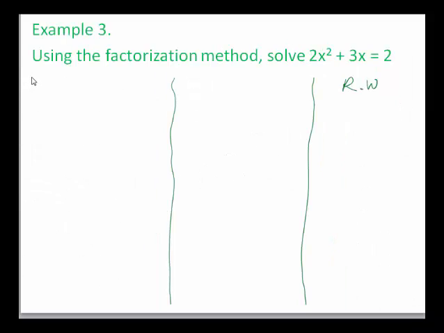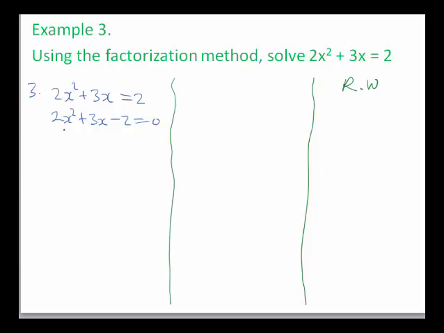The next example is 2x² + 3x = 2. We can make this a standard quadratic equation by writing 2x² + 3x - 2 = 0.